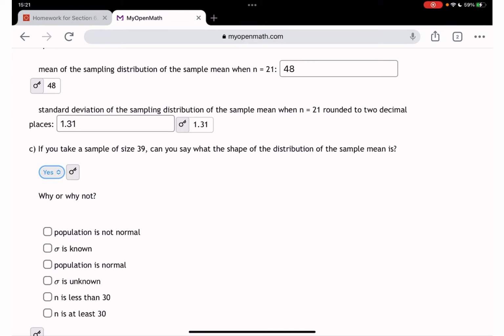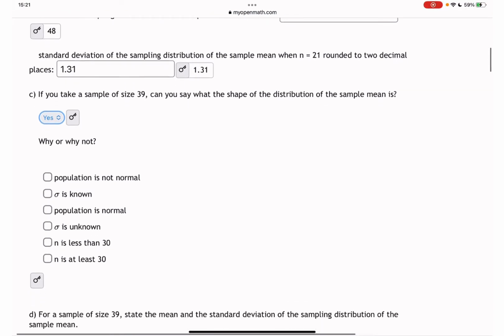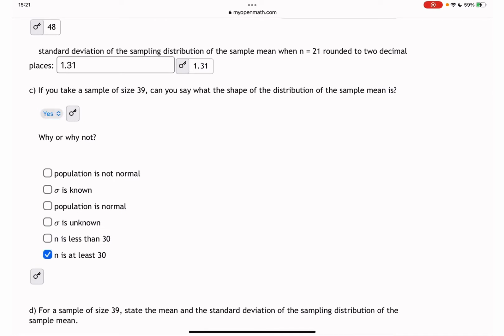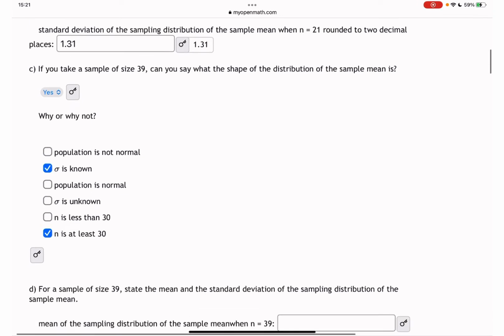Okay, why or why not? Because the sample size is over 30, it says at least 30. And the other one is sigma is known, standard deviation is known. That's one of the significant pieces of evidence for a normal distribution.